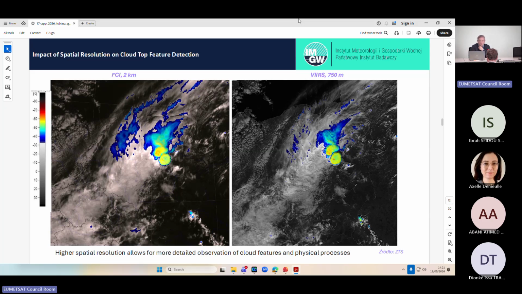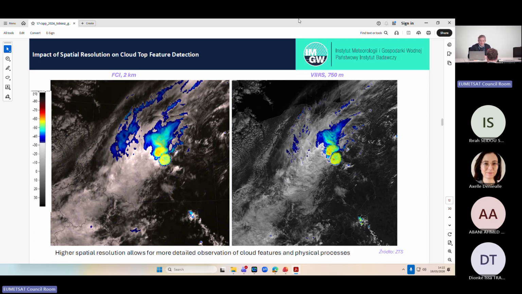We have 750 meters resolution for VIIRS, and from, for example, MTG FCI, we have 2 to 3 kilometers, and higher spatial resolution allows for more detailed observation of cloud features and physical processes.